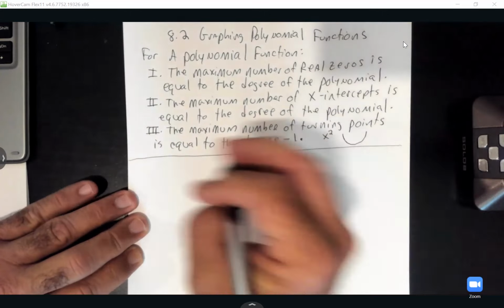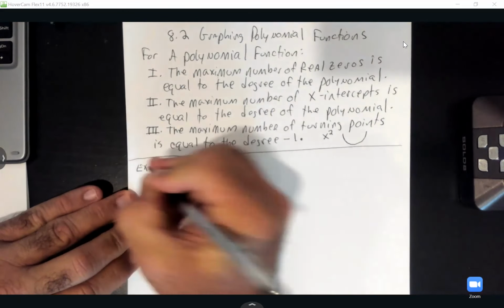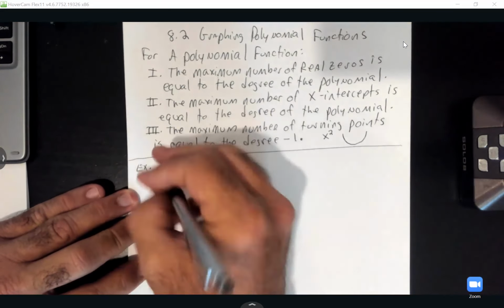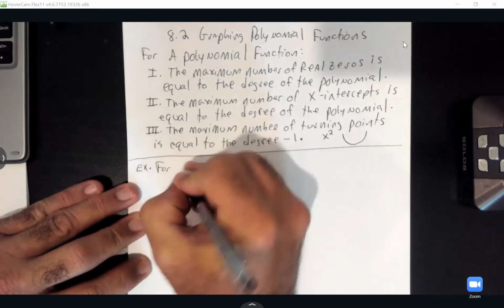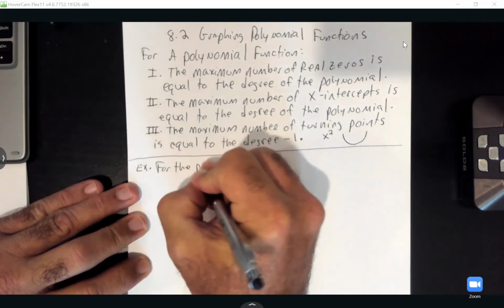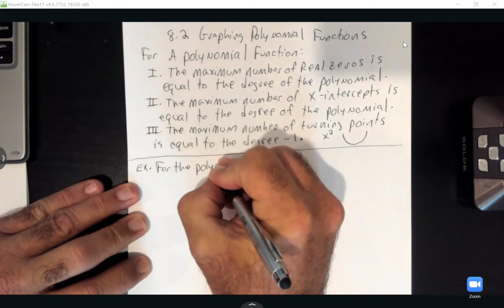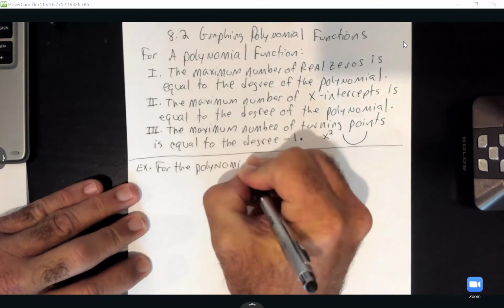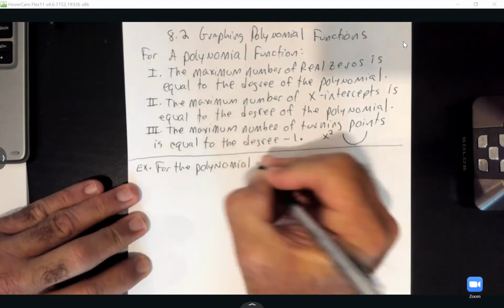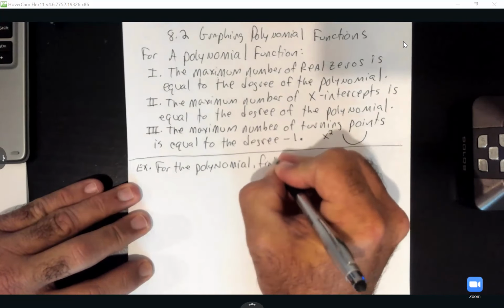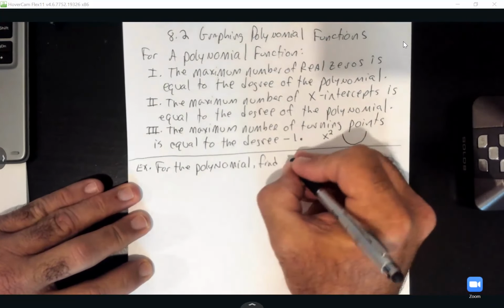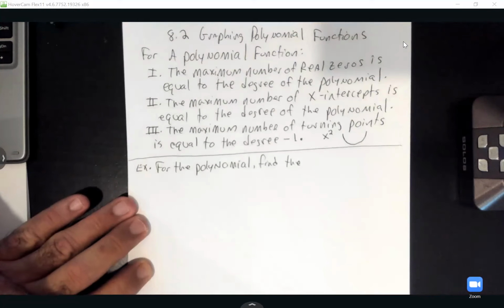So let me show you a few examples on those. For the polynomial, find the maximum number of real zeros.